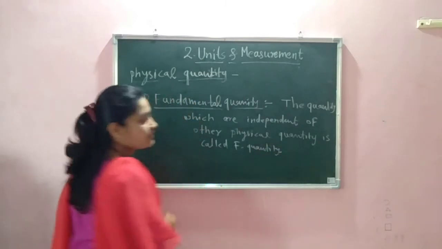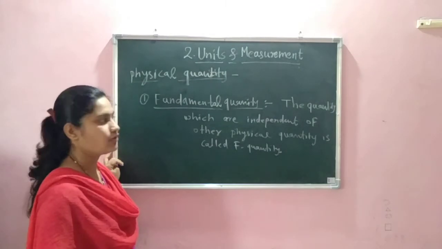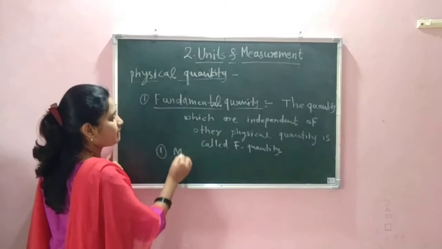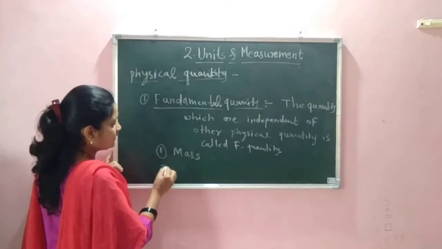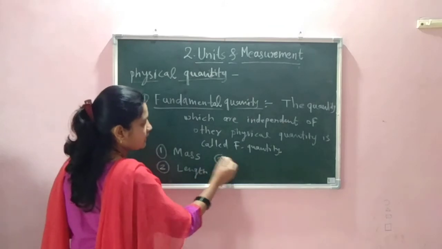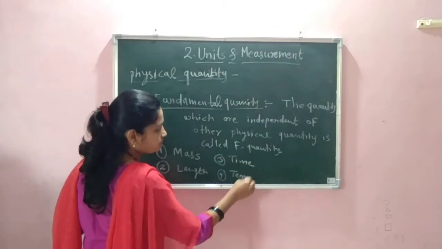So listen, there are 7 fundamental quantities. What are these 7 fundamental or base quantities? Try to understand. The first is mass. Second, length. Third, time. Fourth, temperature.